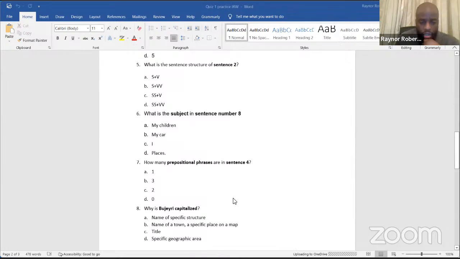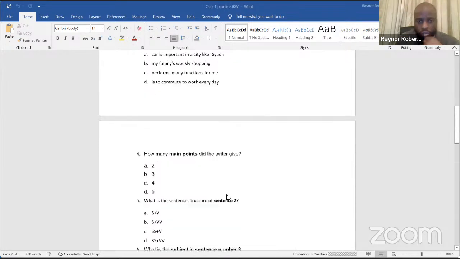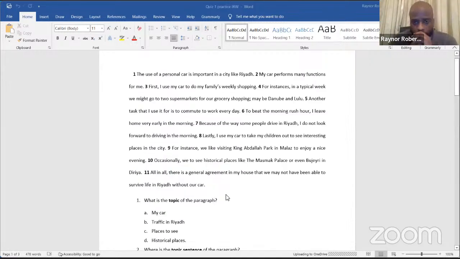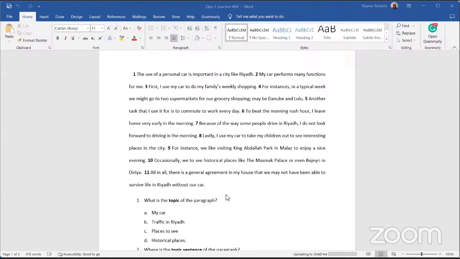How many prepositional phrases are there in sentence 4? I think it's 2. You think it's 2? I think there's 3.